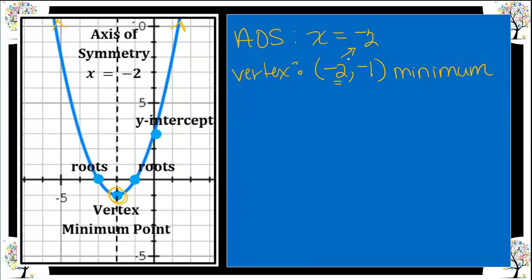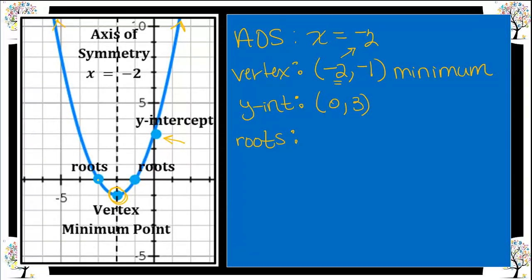The next thing is, let's take a look at the y-intercept, where our graph crosses the y-axis. So the y-intercept, again, is an ordered pair when x is 0. So we have (0, 3). Then let's look at the x-intercepts. I'm going to call them roots, and you can write them as ordered pairs, or you can write them with curly brackets.